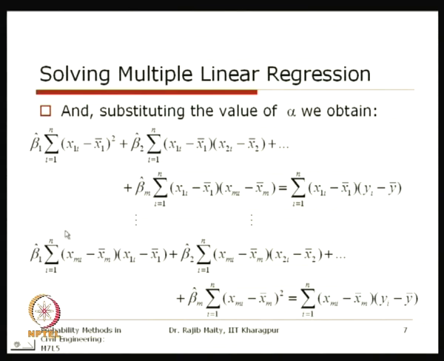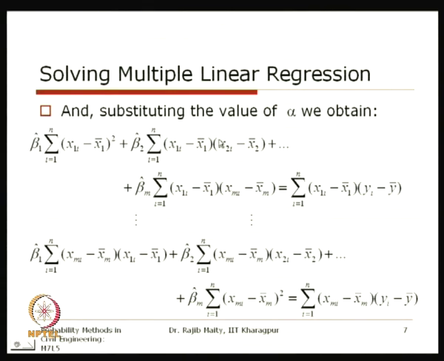Similarly for other variables: for beta 2, the first quantity will be (x 1 i minus x 1 bar) multiplied by (x 2 i minus x 2 bar), the second quantity will be (x 2 i minus x 2 bar) whole square, and the right hand side will be (x 2 i minus x 2 bar) multiplied by (y i minus y bar).